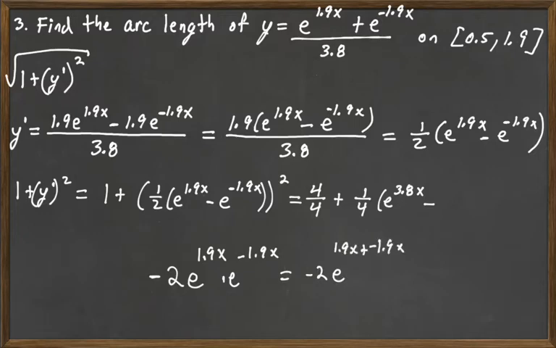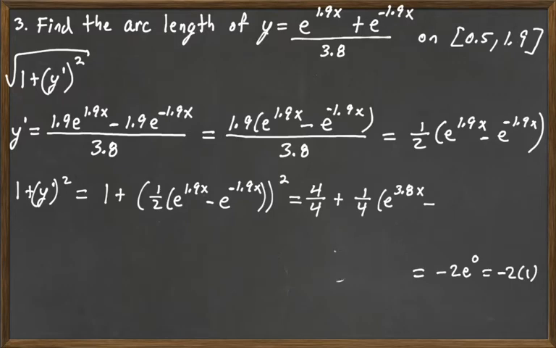When we multiply like bases, we add the exponents, so that's negative 2 e to the 0, and e to the 0 is just 1. So we get minus 2 as the middle term as we are FOILing this out. And then e to the negative 1.9x times itself: we add those negative 1.9x's to get negative 3.8x.